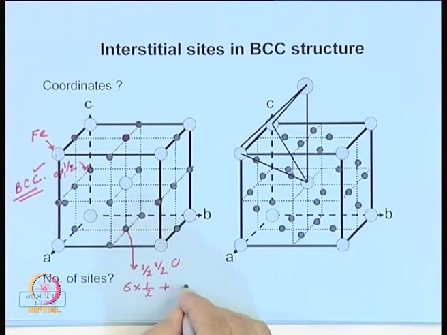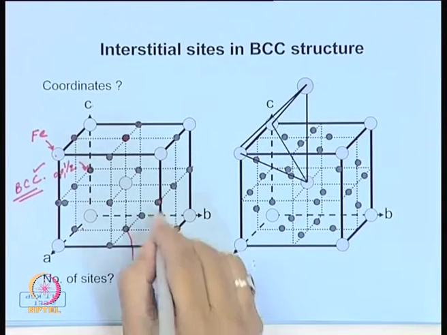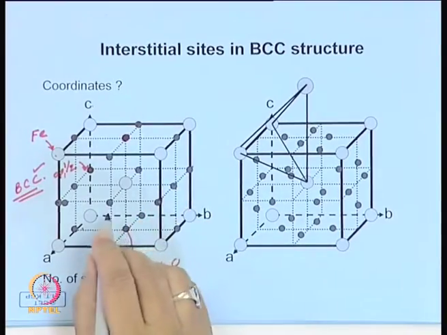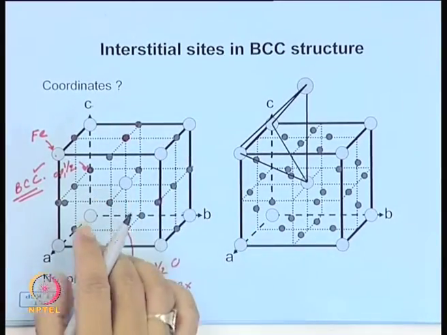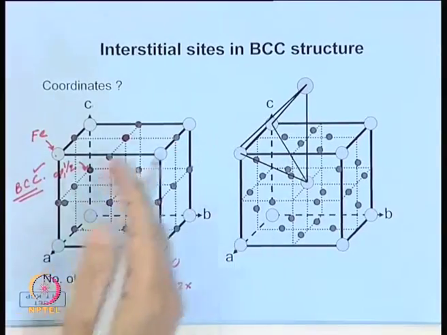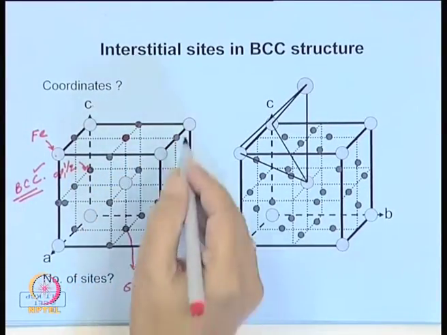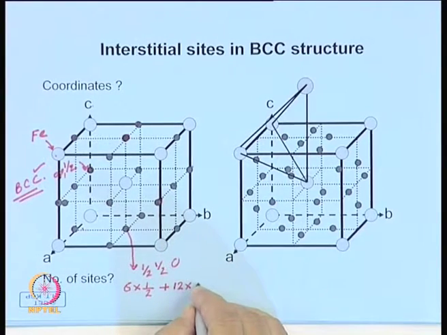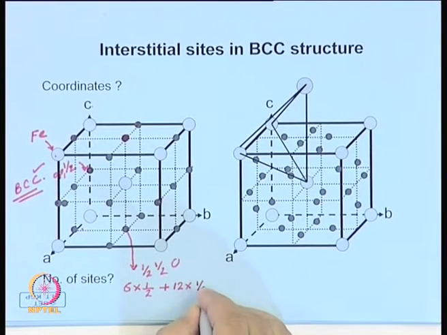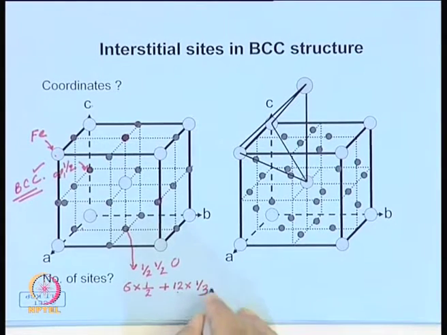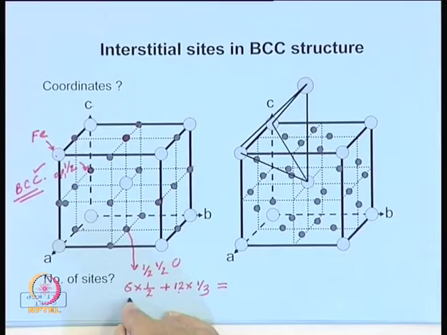Now, there are 12 edges in the cube and each edge is common to 4 adjacent unit cells. So, apart from this there are 3 other neighbors. So, the contribution of this is 12 times 1 over 3. So, therefore, this comes out to be 3.